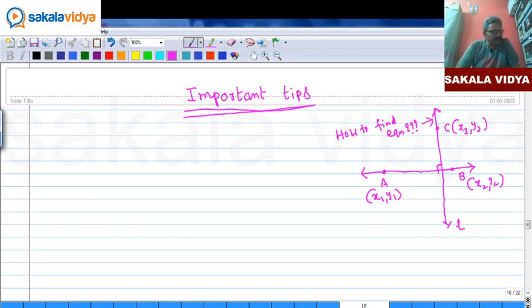Anybody? So, now tell me. I need the equation of a line which is perpendicular to the line joining the points A (x1, y1) and B (x2, y2). So, how to find that? Anybody?